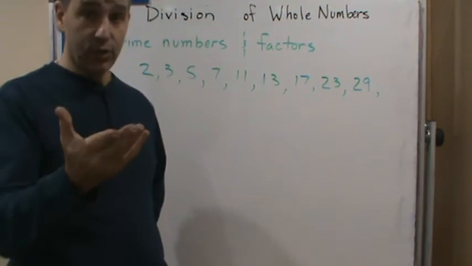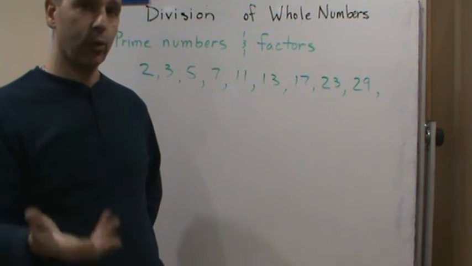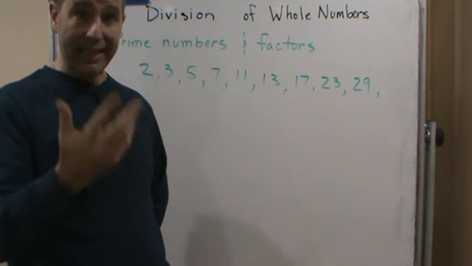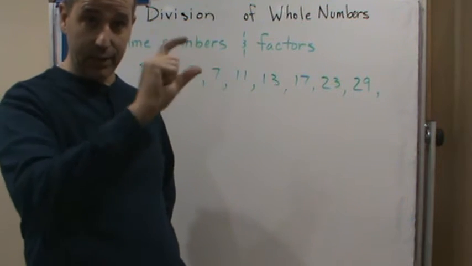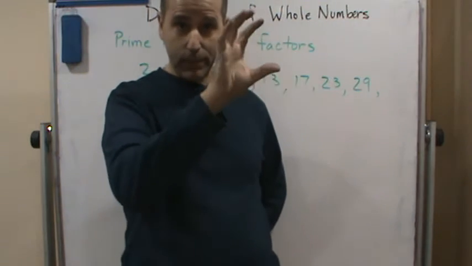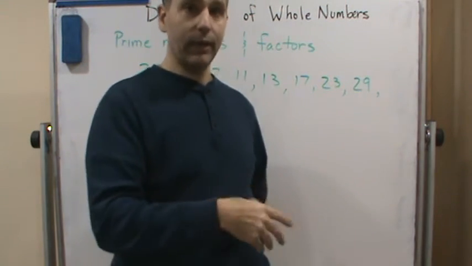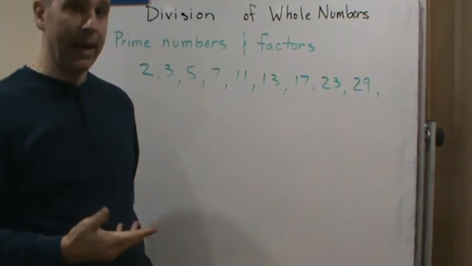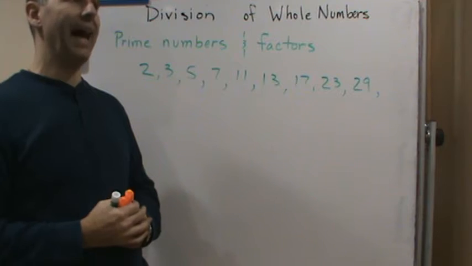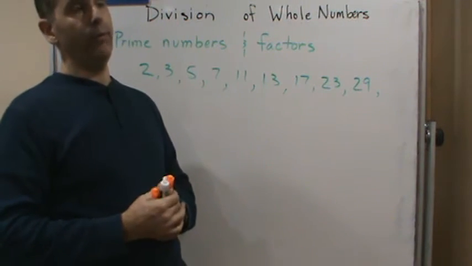Okay, in fact, just so you know, maybe something interesting to look up is cryptography, the idea of codes and encrypting. You send an email and it says it's encrypted, or you go to a website and it's encrypted for security purposes so people can't hack in. Well, a lot of that is based on this idea of what we call, not necessarily prime numbers, but I forgot what it's called.